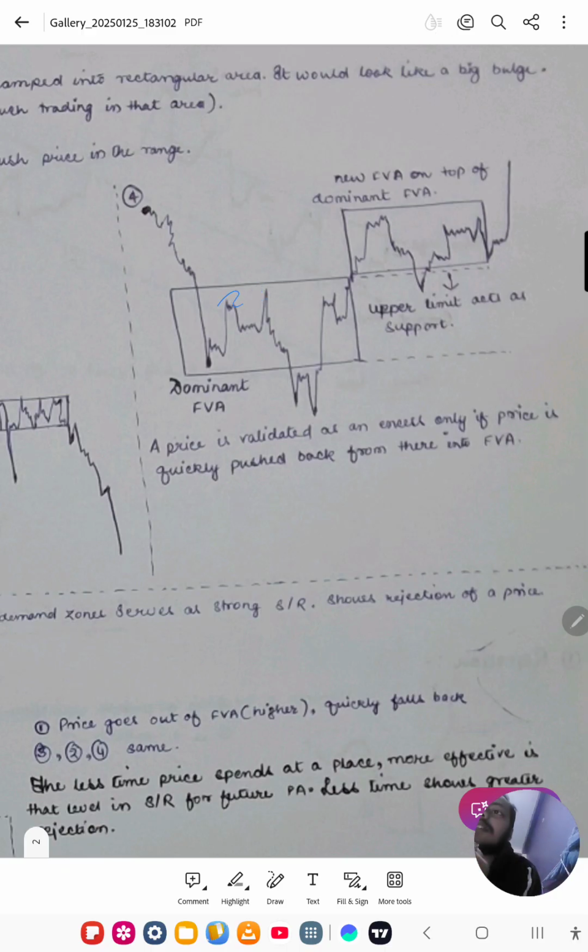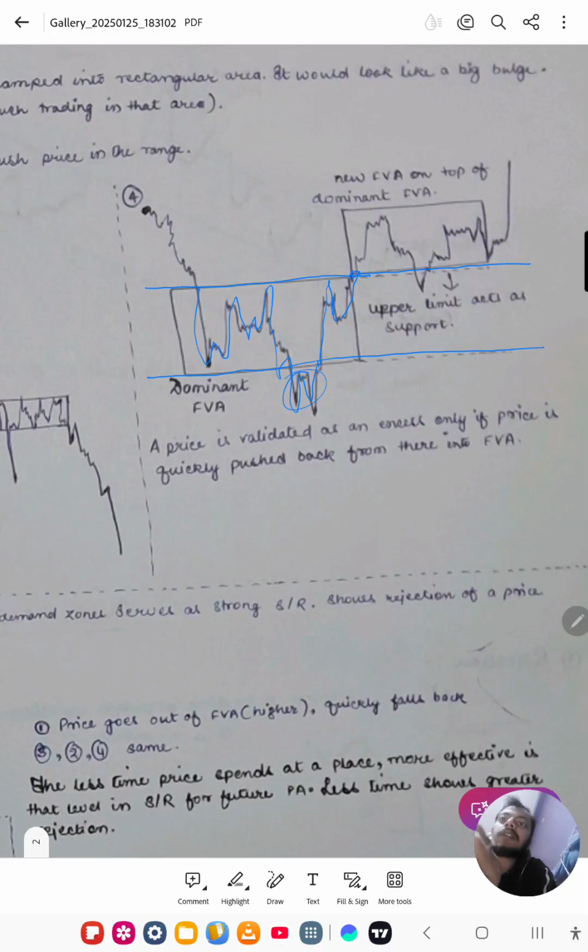Here this picture explains it. Earlier this was the fair value area, and we can see that this was the top line and this was the bottom line. So price traded in this zone, and this was the excess, where price went down but quickly came up.